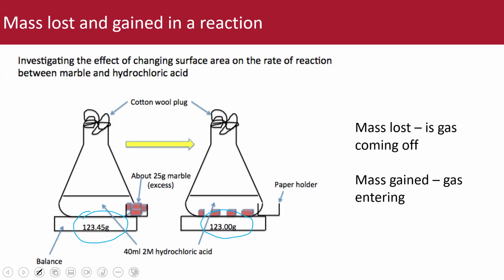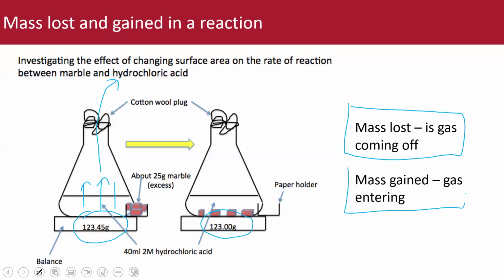Basically what's happened is bubbles have given off gas and the gas has come out. I've written that here. So in an experiment, if they say the mass is lost, that means a gas has escaped. If the mass goes down, gas has left. If the mass increases, that will mean gas has entered.